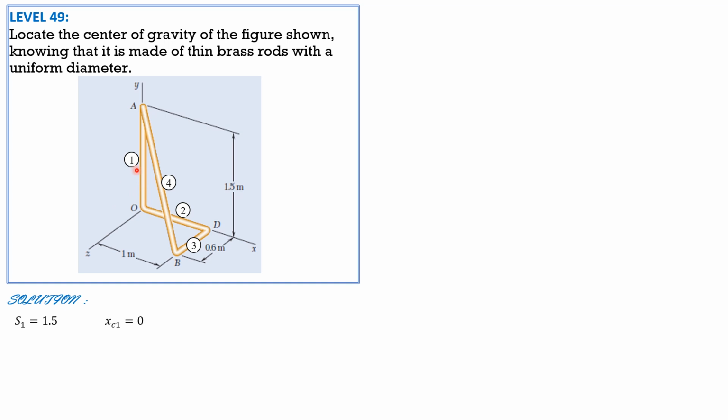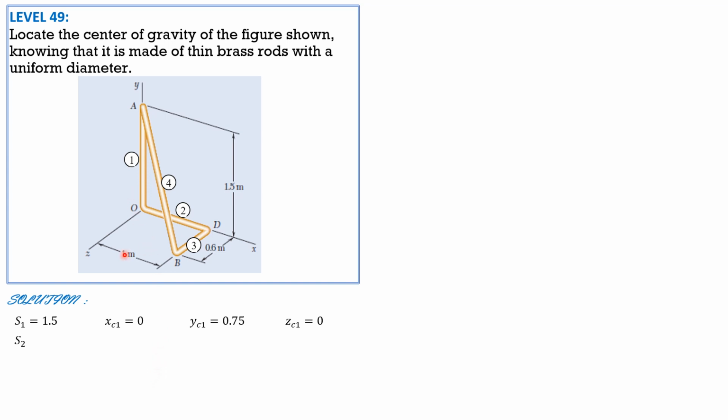So x sub c1 0, y sub c1 0.75, and z sub c1 0. This is the centroid. So you read the coordinates of the elemental centroid of element 1, and these are the coordinates x sub c1 0, y sub c1 0.75, and z sub c1 0.